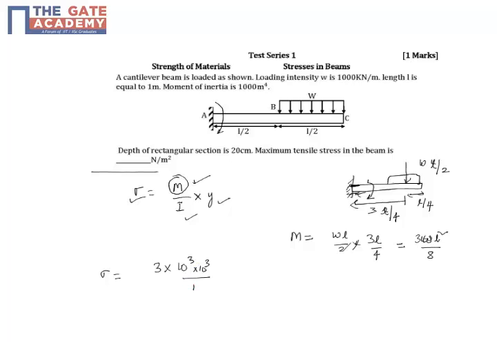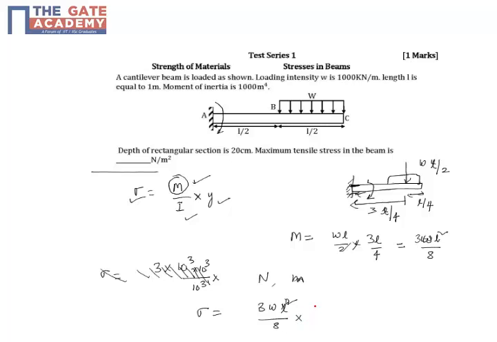Let me put everything in Newton and meters; in order to make everything simple, the forces should be in Newton and lengths in meters, so we'll keep it that way. L is 1 meter. So for sigma, first let's substitute M as 3WL square by 8.